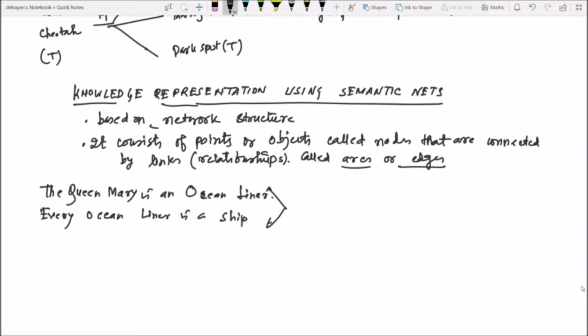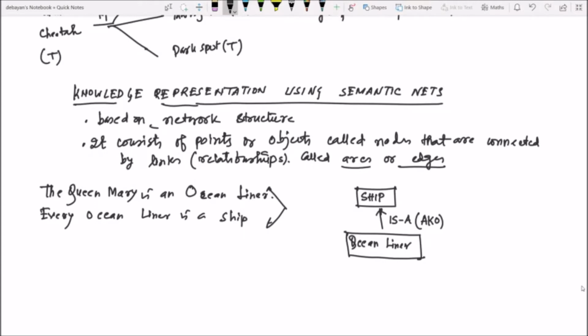So if we represent it by a semantic net, this ship is an object, and we know ocean liner is a ship. So there is a relation called is-a or a-kind-of. Like in your object oriented approach, you will find different relationships, abstractions, specializations, or you can also find relationships when reading the database where there is an entity relationship diagram.